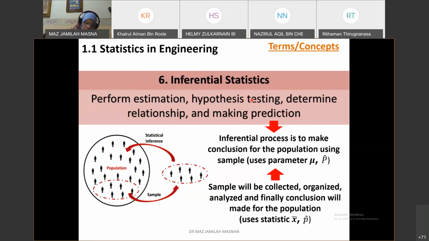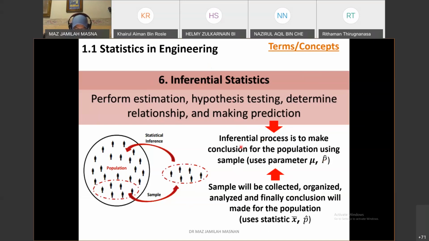These four statistical concepts are very important in making statistical inference. So you will have to use all four concepts when you deal with inferential statistics. I think you can read this.